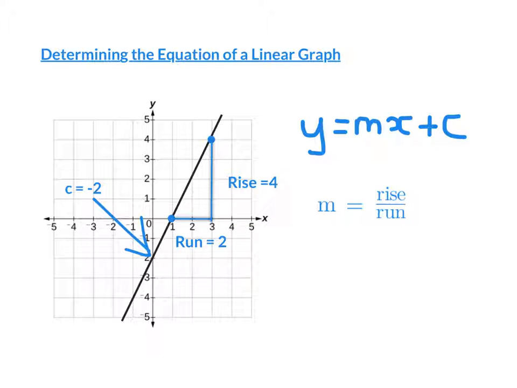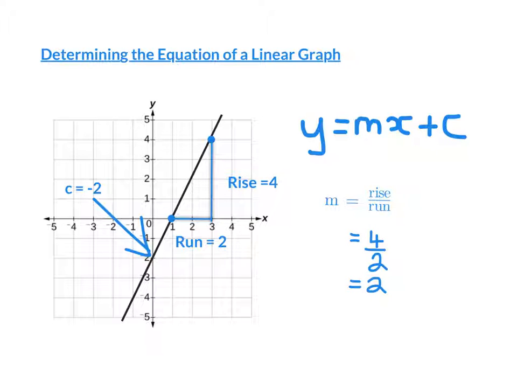If we know our rise and run, we can put these numbers into our equation and figure out the gradient of the line. Our rise was 4 and our run was 2, so we have 4 divided by 2, and that gives me a gradient of 2.